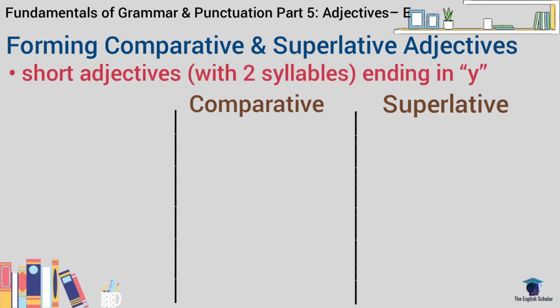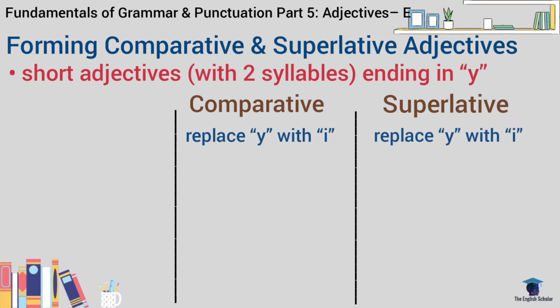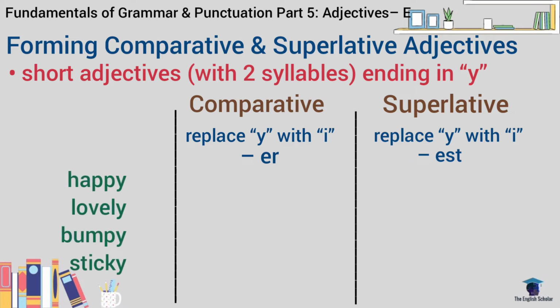For adjectives with 2 syllables and end in Y, we just remove the Y and then replace it with letter I and add ER at the end for comparative and EST for superlative after the I. Examples: we have the adjectives happy, lovely, bumpy, and sticky.